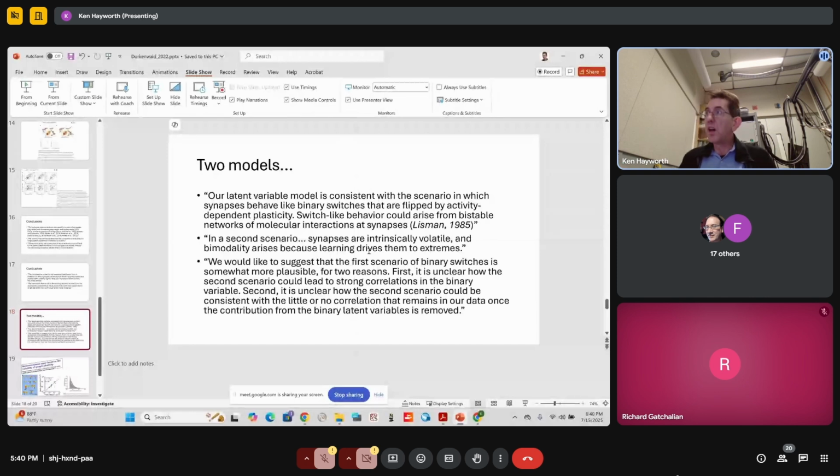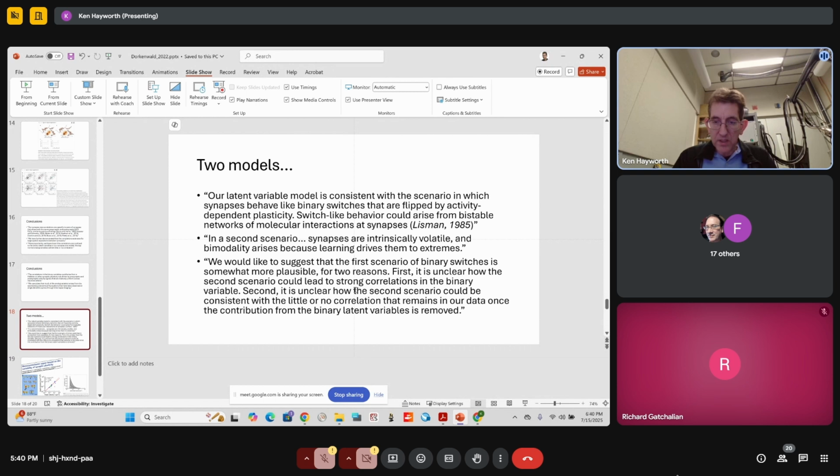There might be a size that you can get a synapse to, a large size, but it can't go any further. And you can get a synapse to a small size, but it can't go any further without essentially dying off. And they argue against that because I think their data is very strongly arguing against that.